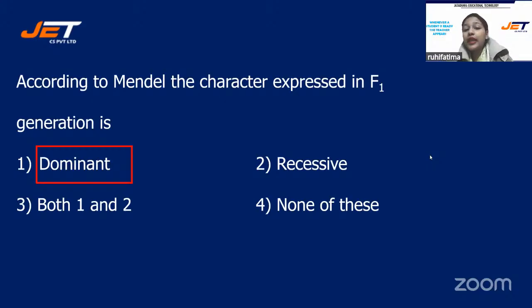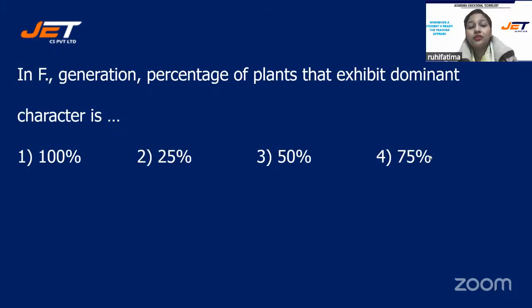The characters that are expressed in F1 generation are known as dominant characters, and those characters which are not expressed are known as recessive characters. So option number one, dominant, is the right answer. Next question.